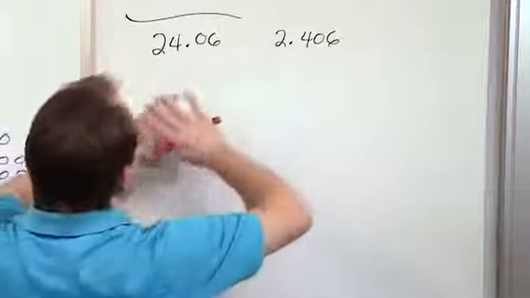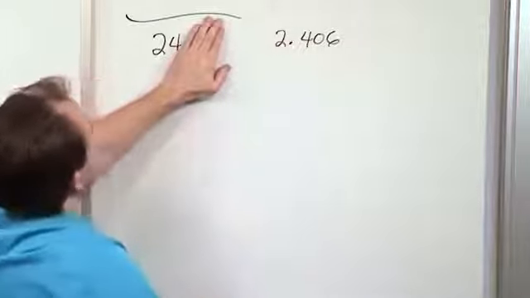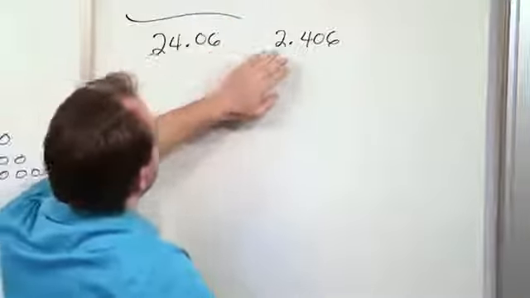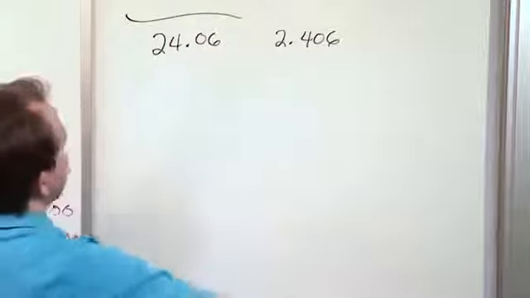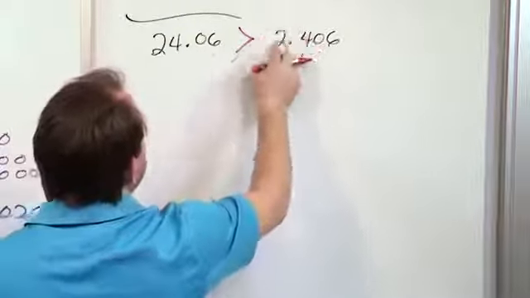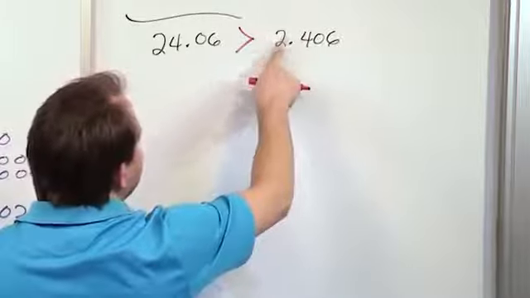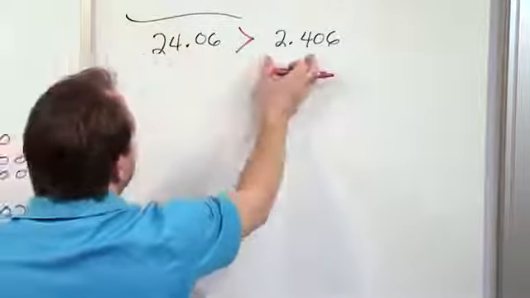So if you just forget about everything else, the decimal point is here, then I have 24 pizzas plus a little bit more. Here I have 2 pizzas plus a little bit more. So even without doing anything at all, you know that this one is the smaller one because the number in front of the decimal just means that's the whole number part of it. It's only 2. The whole number part of this number is 24. Of course this is the smaller number.